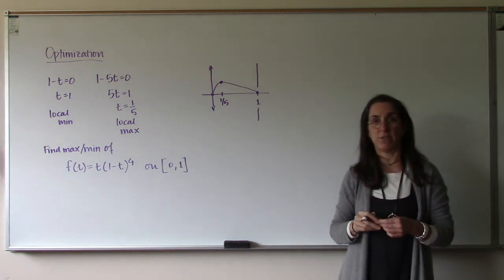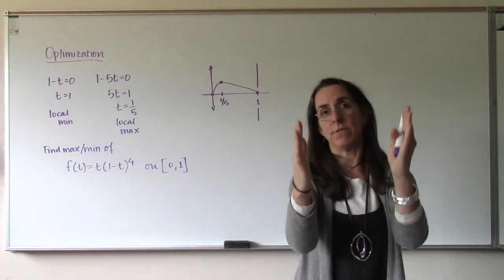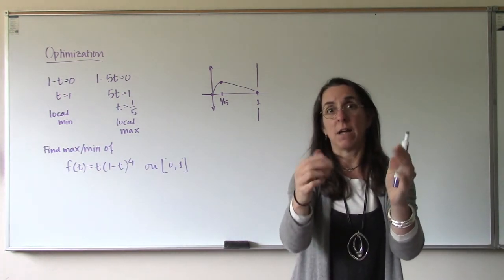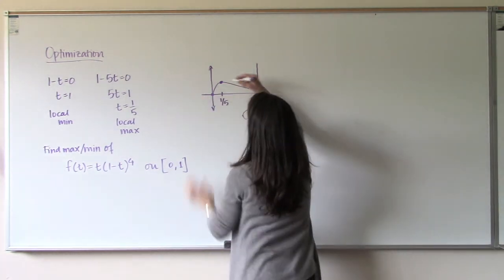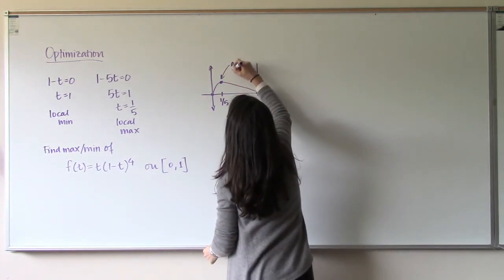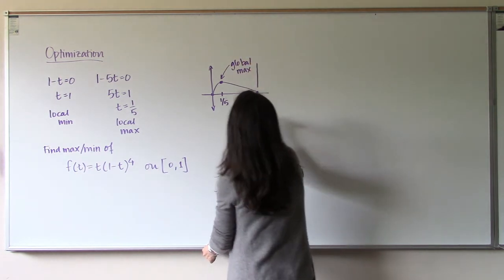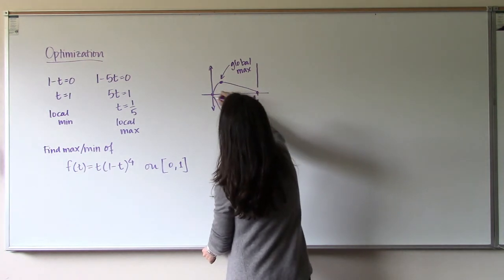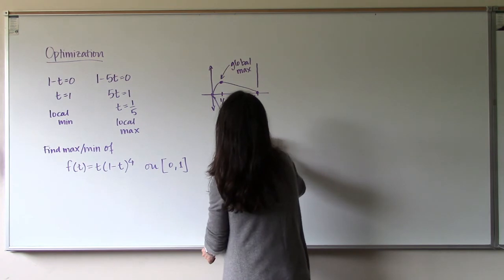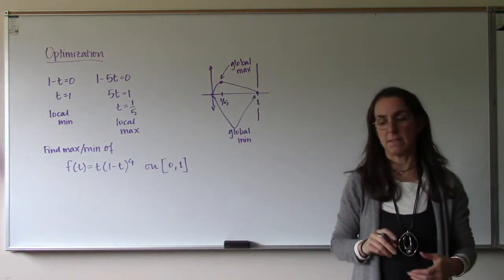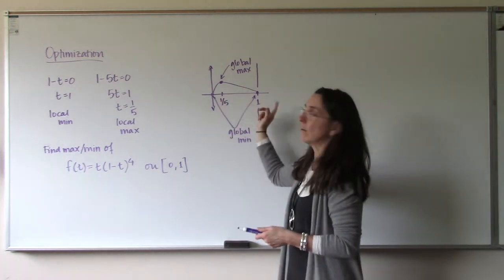So now the picture just looks like this, and now on this interval we have a global max and a global min, right? So now if we just look here, this is the global max on this interval, and either of these zero is the global minimum, and it occurs either here or here.